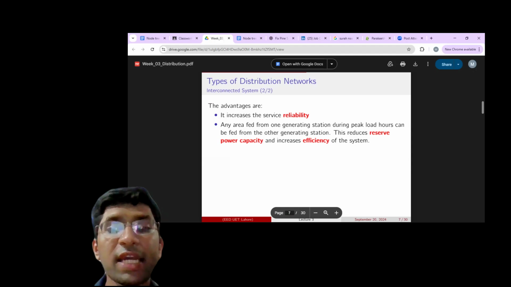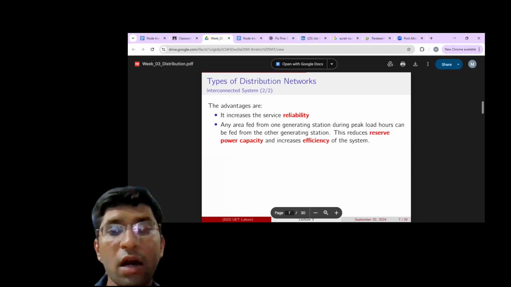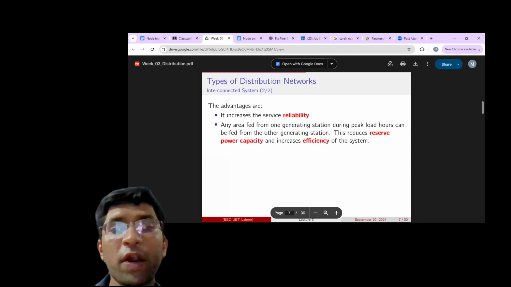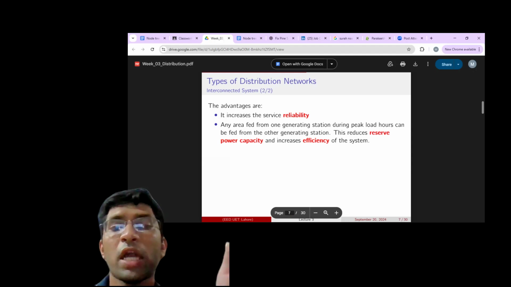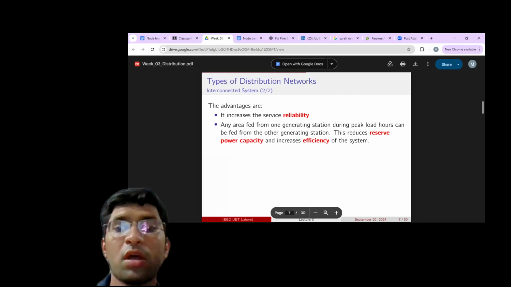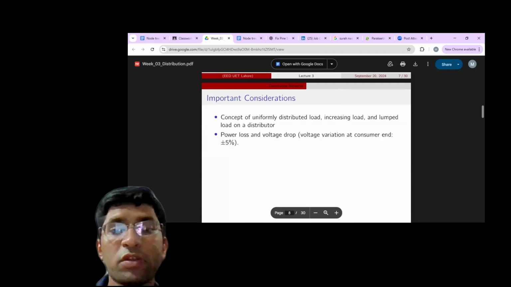For example, Chicago, fed from one generating station located in Chicago during peak load hours, that is from 7 to 11, can be fed from the other generating station. Most power engineers know this. And this reduces the reserve power capacity and increases the efficiency of the system.